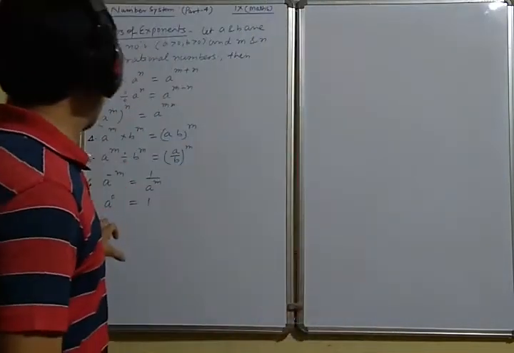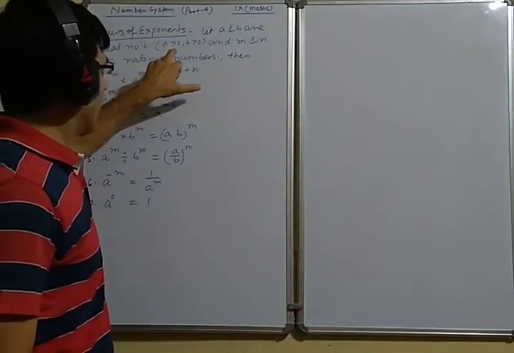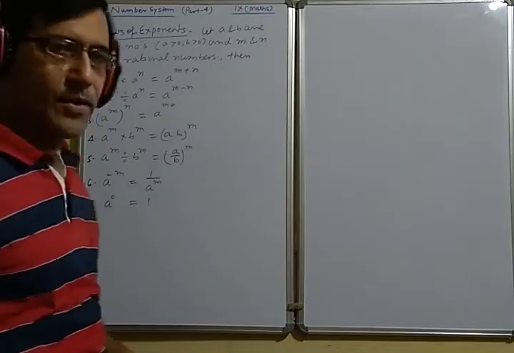Here the condition is already given, that is A greater than 0. So A raised to power 0 is equal to 1.